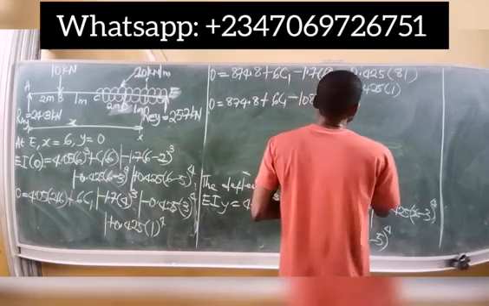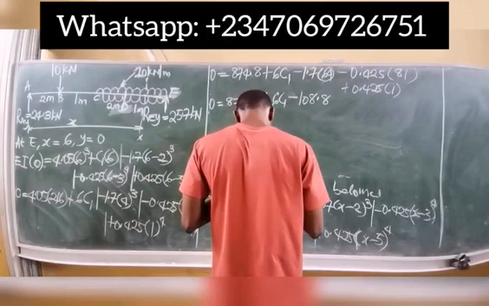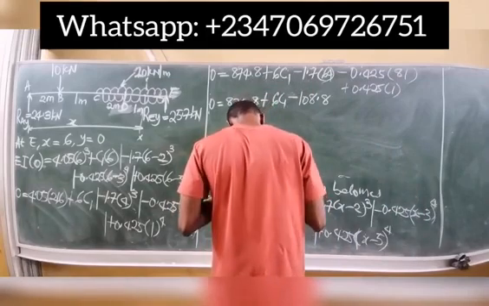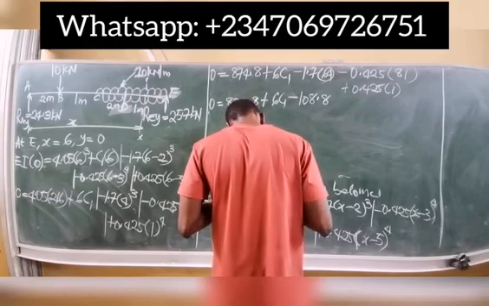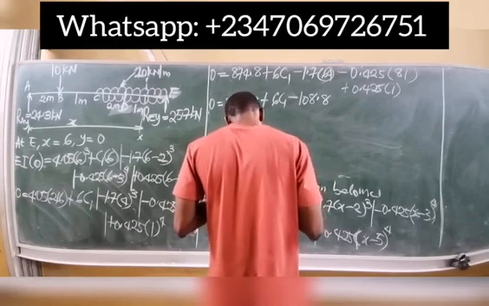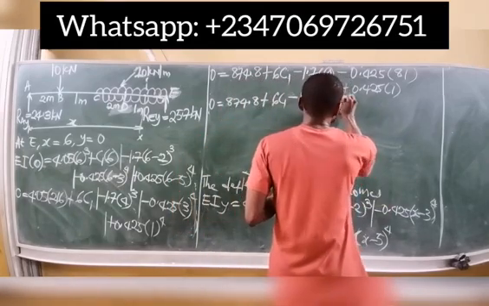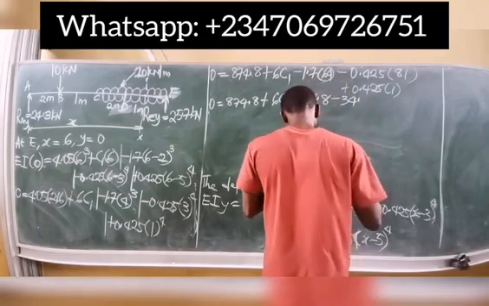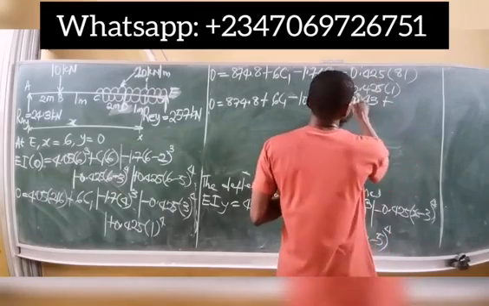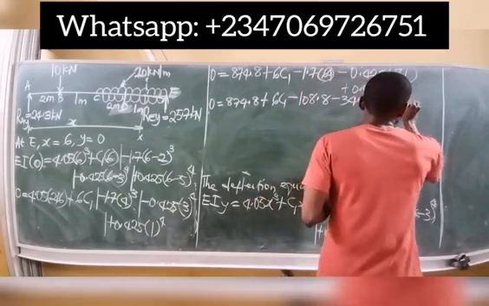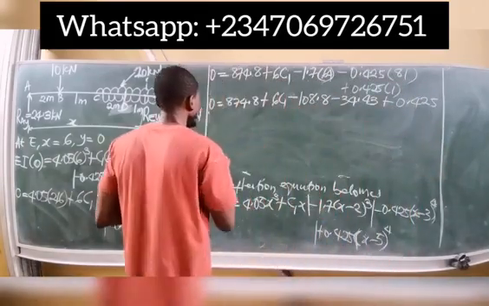Here we have minus 0.425 times 81. That gives us minus 34 point approximately 43, plus here 0.425 times 1 remains 0.425. So we can simply collect like terms.